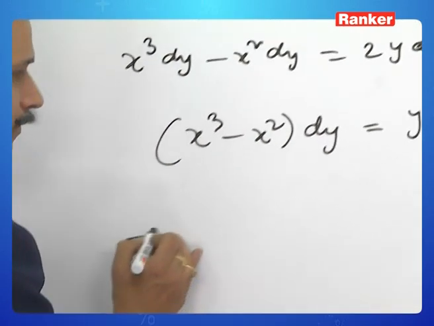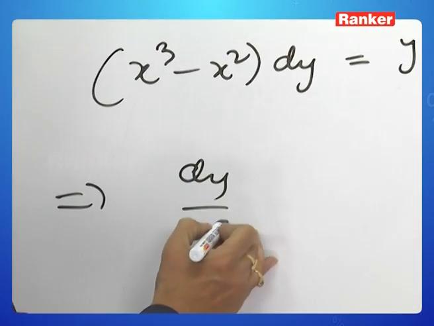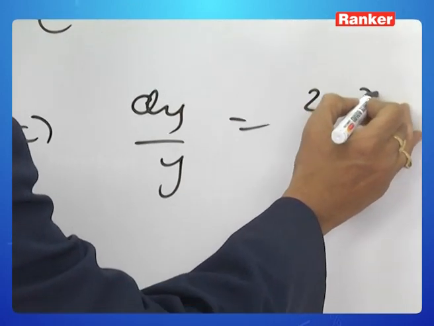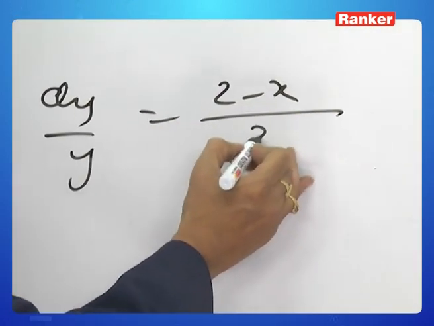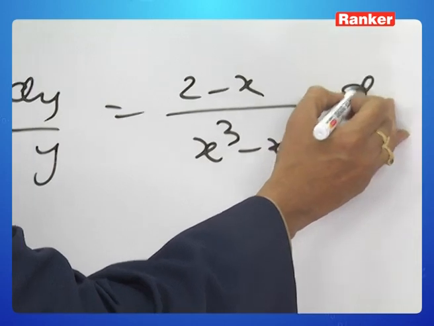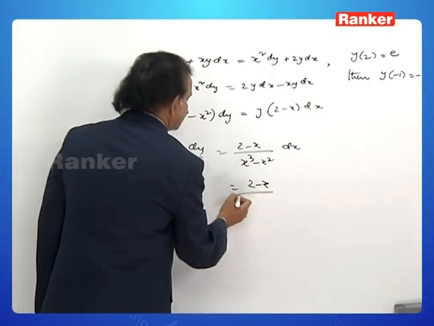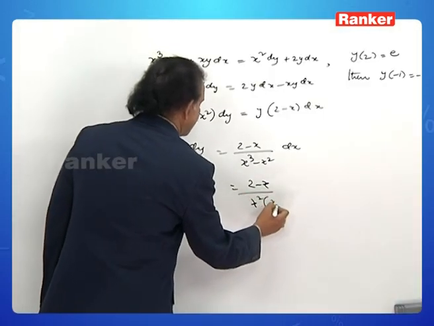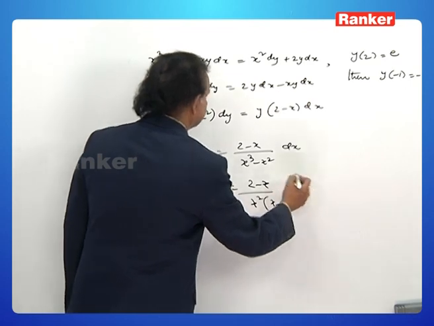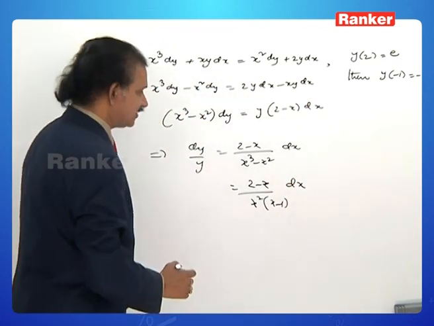Implies dy by y is equal to 2 minus x by x cube minus x square dx. That is 2 minus x by x square into x minus 1, not 1 minus x.